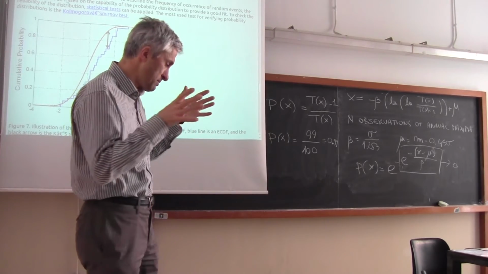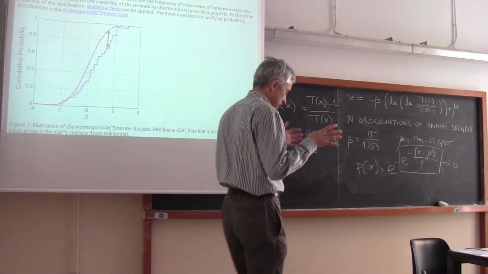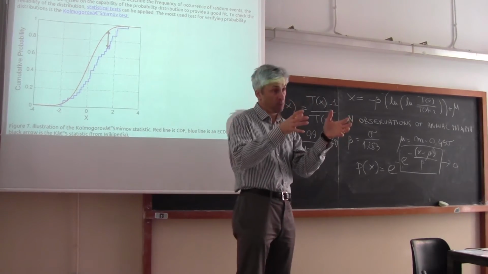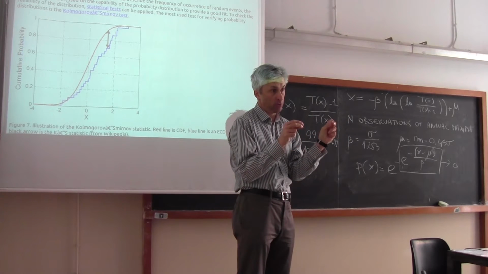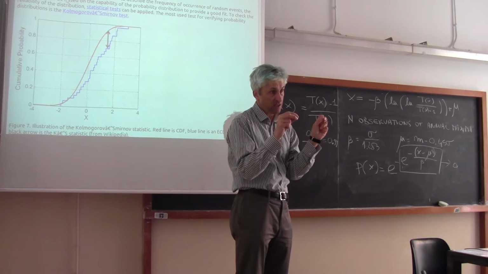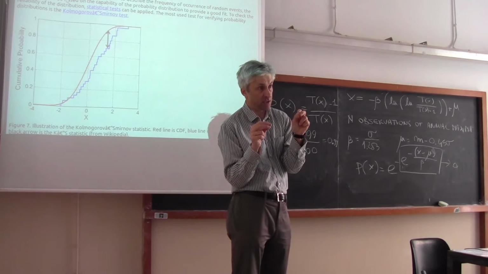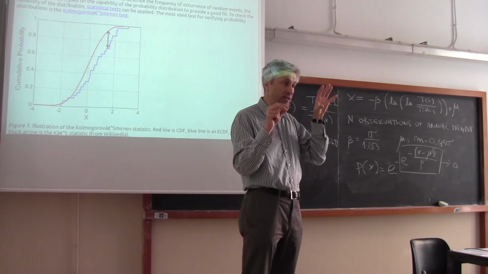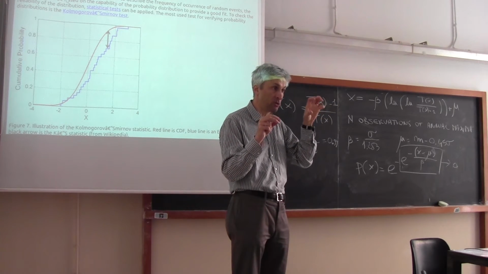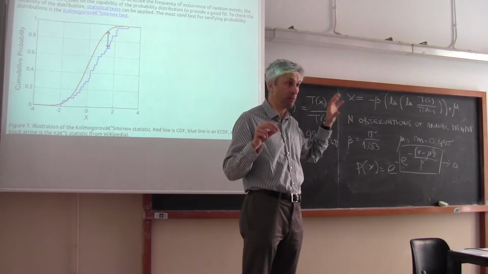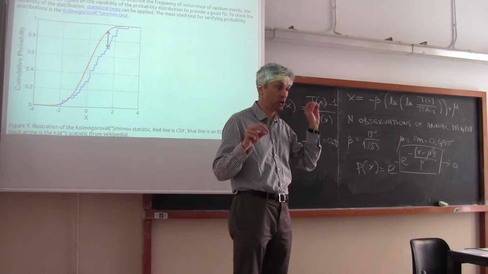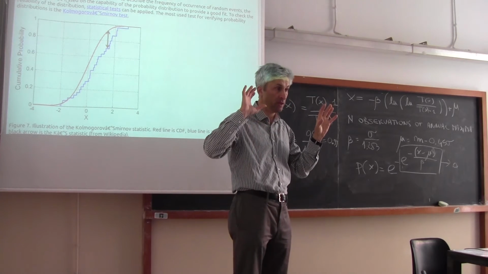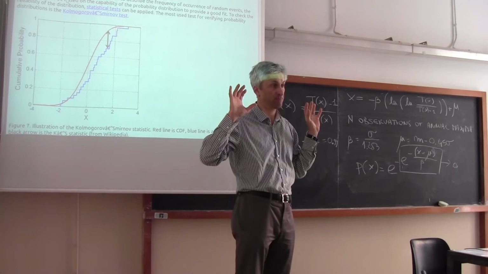The check is based on keeping in mind that the probability of not exceedance should be a good estimate of the frequency of not exceedance. If the probability distribution is fitting the data well, then it provides an estimate for the probability of not exceedance which should match the frequency of not exceedance.